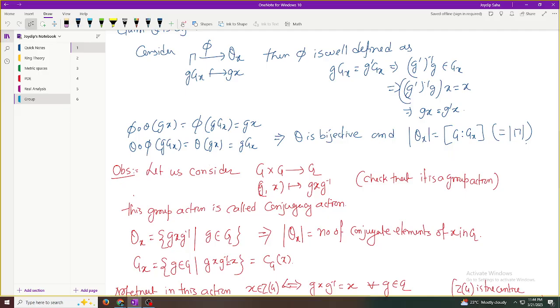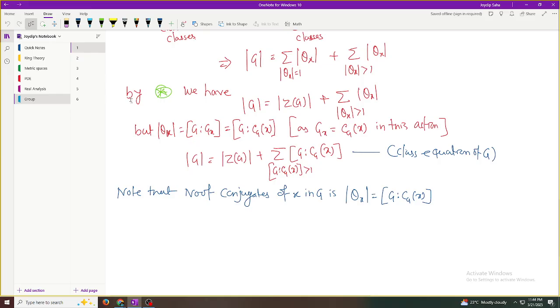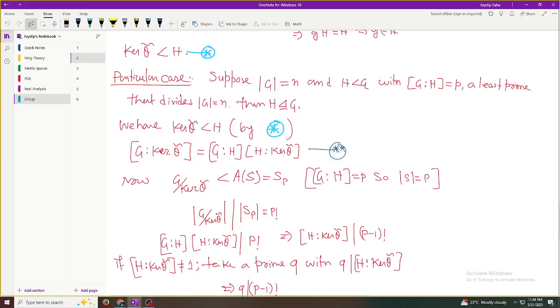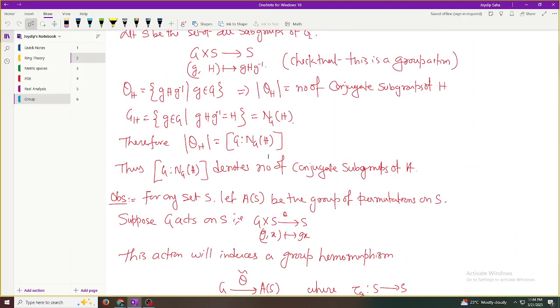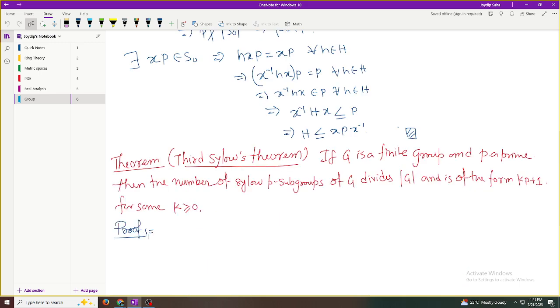So you see that first class of group action, this line G colon NGH denotes the number of conjugate subgroups of H. So if P is a Sylow P subgroup, you have to find the number G colon NGP, because we have seen that if P is a Sylow subgroup, then all conjugates are Sylow P subgroups, and conversely if Q is a Sylow P subgroup, then Q is conjugate to P. So you have to find the number of conjugate subgroups of P. That means this G colon NGP, sorry, you have to find.